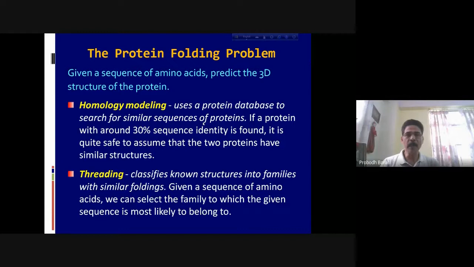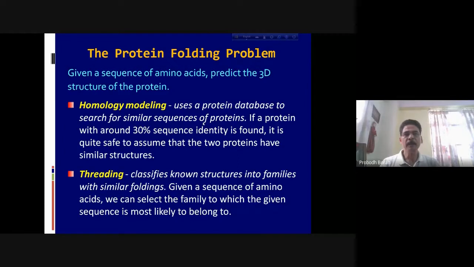So given a sequence of amino acid, we can select the family to which the given sequence may belong to. And when we know that a particular unknown protein belongs to a particular family, its structure can be predicted based on the known structure of other proteins in the same family. So this is called the process of protein structure prediction by way of threading.